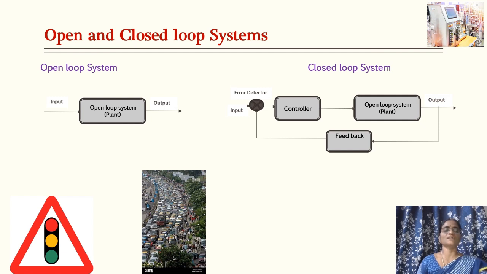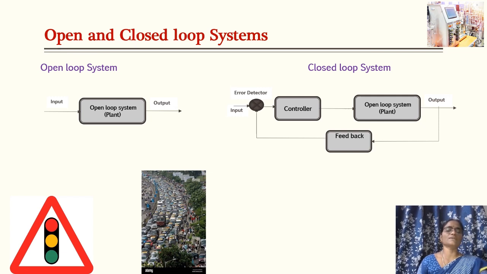Let us see this with an example. We all know how a traffic control system works. Every 60 seconds, the traffic control system changes, and the people move from here to there. In an open loop system, the density or crowd of people is not taken into account.